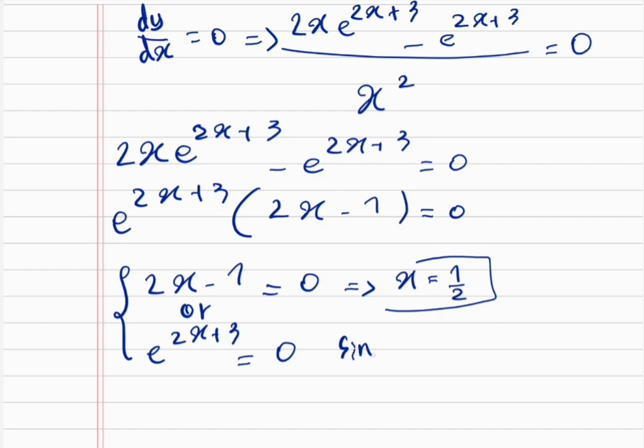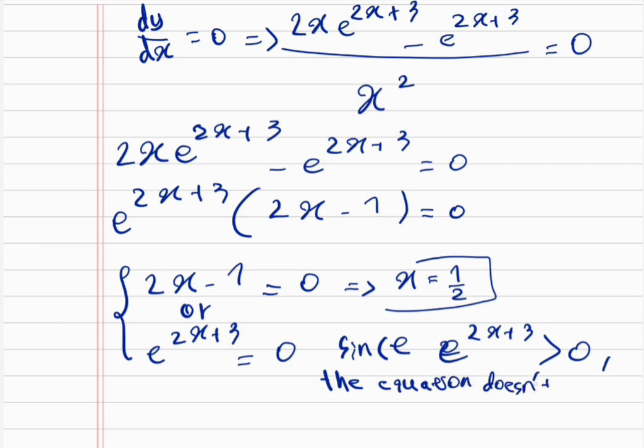So since e to the 2x plus 3 is always positive, this equation doesn't have any answer. So what this means for us is that the only stationary point of this curve is x is equal to a half. So it has the x coordinate of x is equal to half.